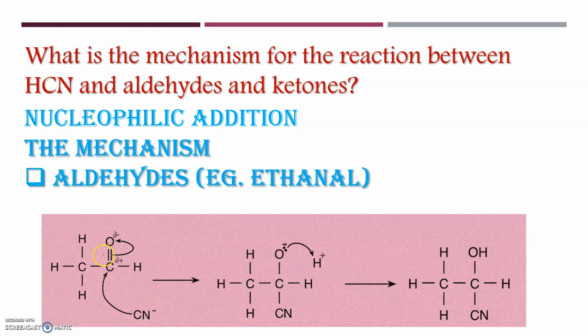So when it attacks, this double bond is broken and the CN is bonded with the carbon. And now you have the electrons on the oxygen atom. The hydrogen atom from the HCN attaches to the O, forming the OH.